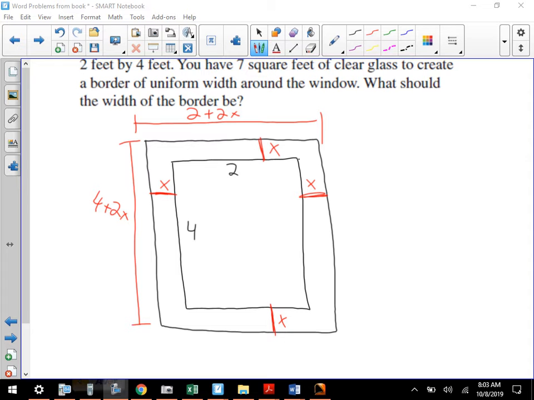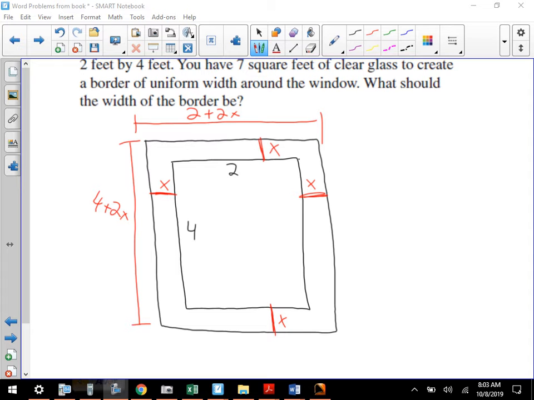All I'm doing is adding going across. There's 2 X's. As you're going across, think of this as X plus 4 plus X.